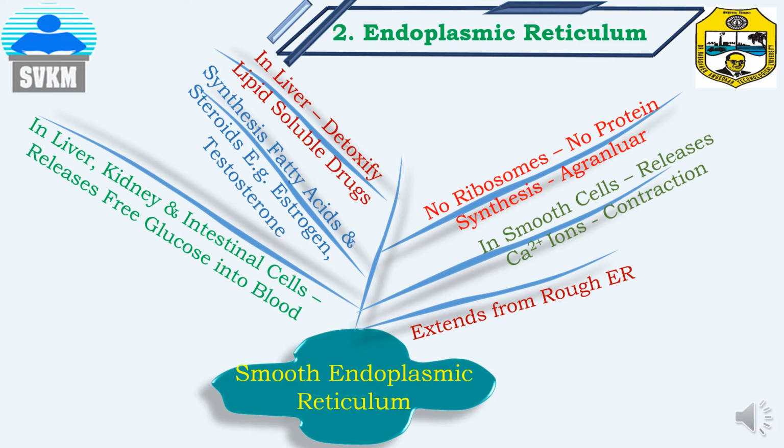Carcinogens are nothing but cancer producing agents. These are detoxified or made harmless by the smooth endoplasmic reticulum.